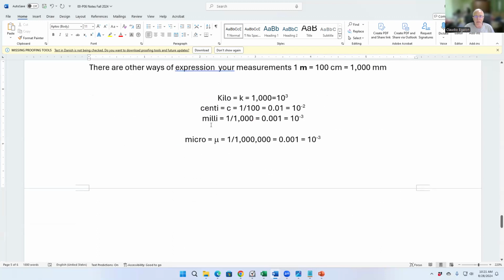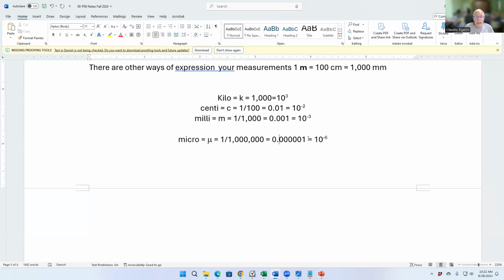Kilo is K, centi is C, milli is M. Don't confuse the M of milli with the M for meter. Watch out for that. Micro is the mu. That's 10 to the minus 6.